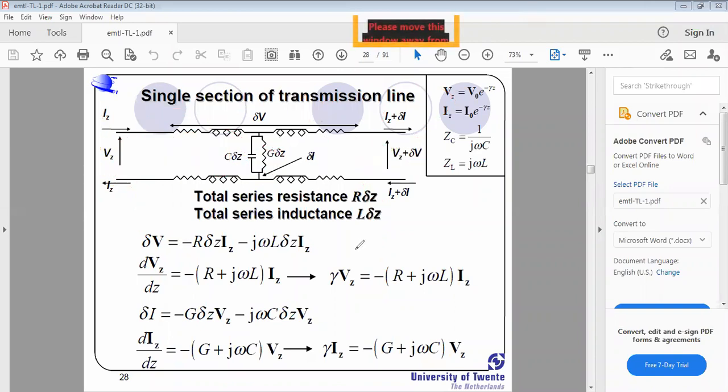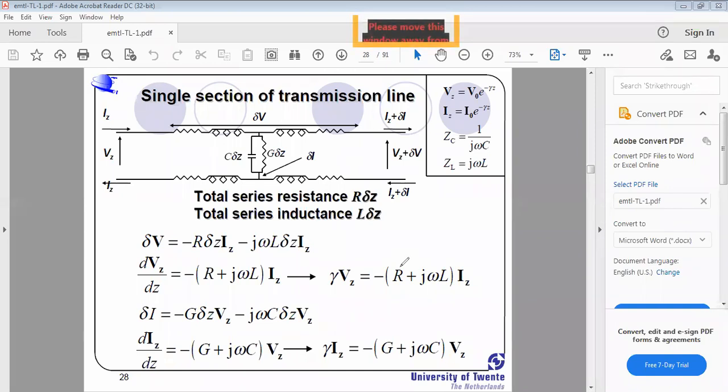From that point, the supply voltage or differential voltage V equals resistance into current, R into Iz. Resistance into current means voltage, right?